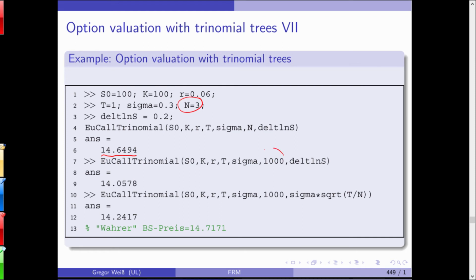If we use 1,000, then we get 14.05. And actually, if we assume that the true price is given by the Black-Scholes price, in this case 14.7171. So it's quite interesting to see that with a trinomial lattice grid, even with just 3 discrete steps, we get a fairly good approximation to the true Black-Scholes price.